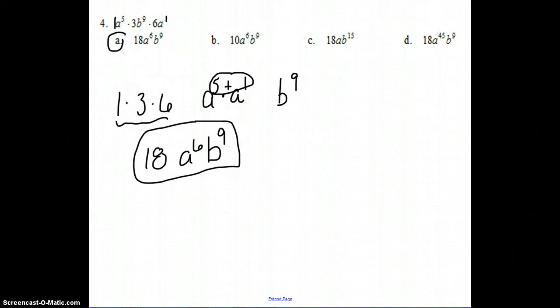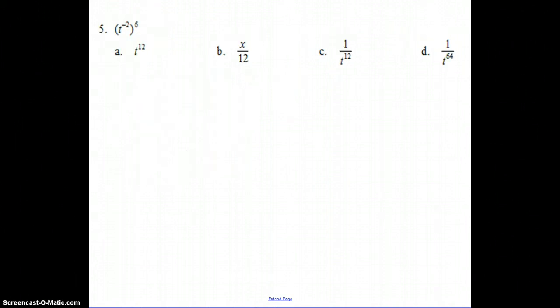Okay, next problem. This is a problem where we have a power outside of something that has an exponent already. So to solve this, I actually have to take these two and multiply them. So base is still going to be t. 6 times 2 is negative 12. As soon as I see that negative exponent, I'm going to put it over 1.